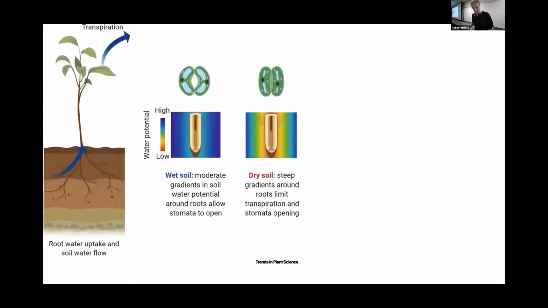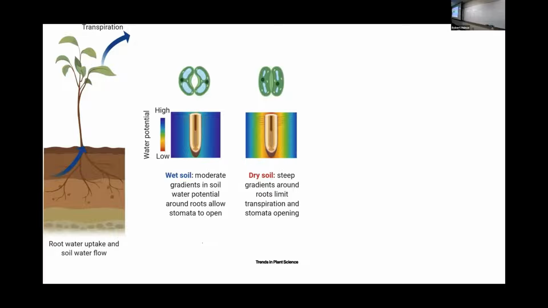And now let's take another quick look at how this might all pull together. So for root water uptake, if you have a wet soil, then the idea is that you have relatively moderate gradients in that soil water potential. So the water that has to get from the bulk soil to the root only experiences moderate gradients, which also means that if the gradients are moderate, the hydraulic conductivity is relatively high.